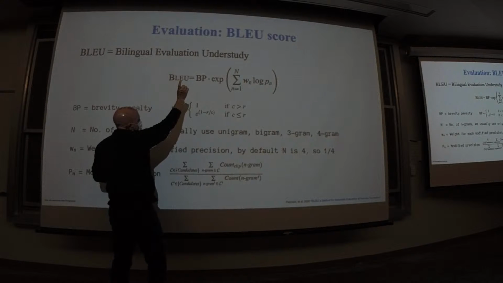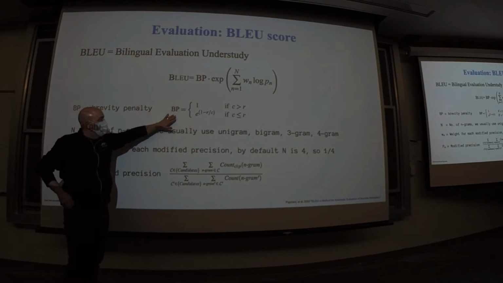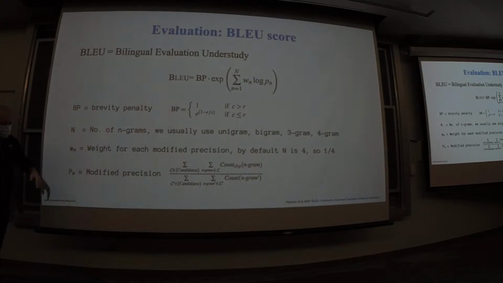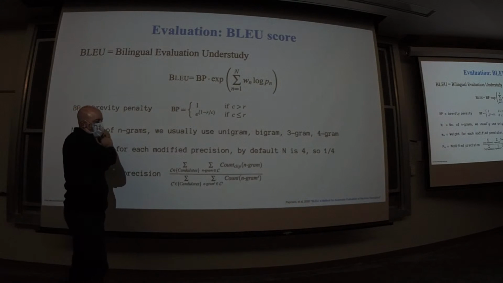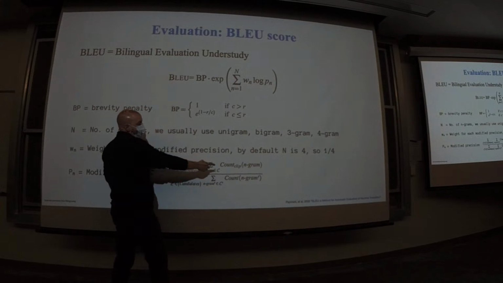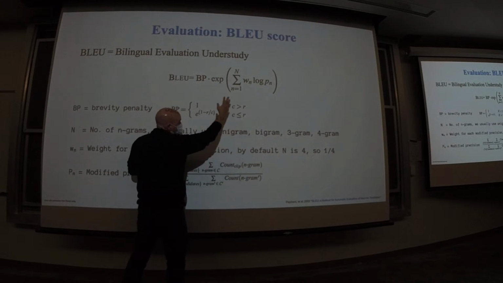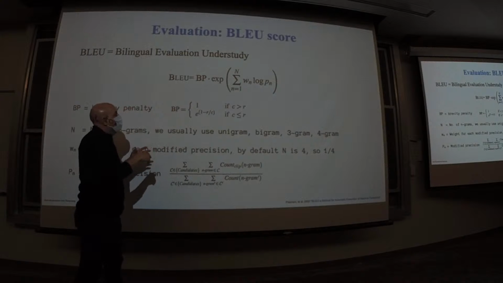And I have an additional penalty here, because obviously I can make really long translations. You can imagine a system that, every time it translates, repeats itself over and over again and puts various n-grams together. That would obviously be a horrible translation. Up to this point, this way of scoring wouldn't have caught that.